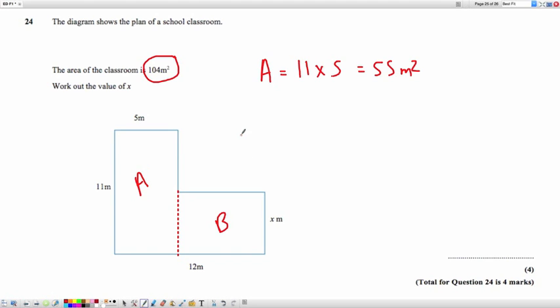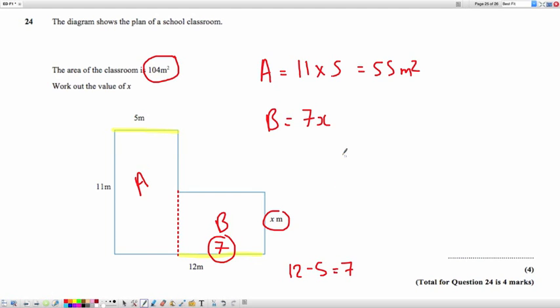We work out the area here of B. Now the length here for the B part, we're looking at this. Now all the way is 12, this part is 5. So 12 subtract 5 will give us our distance here, which is 7. So this length is 7, this length is x, multiplying together, 7x.